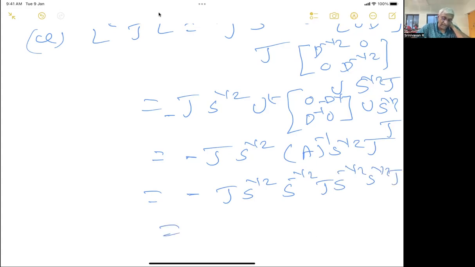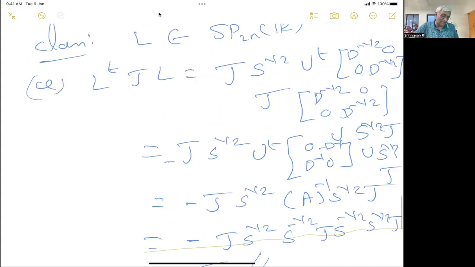There are 3 J's, so we will get a minus 1 from two of the J's, and there is a minus J, which is equal to J. So this is equal to J. This is simple. So this works, and this is the right operator which works here also.